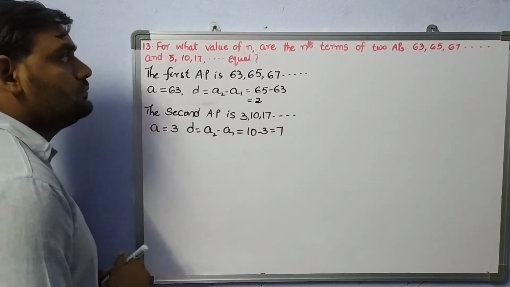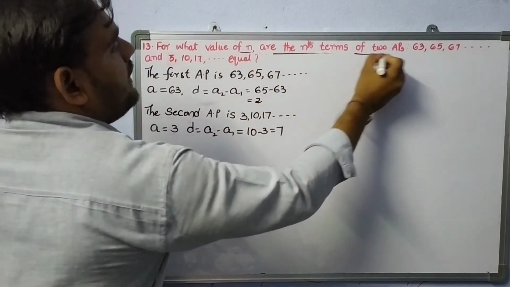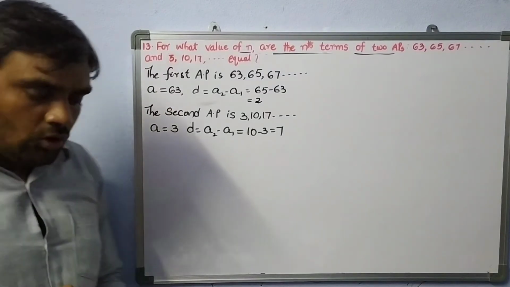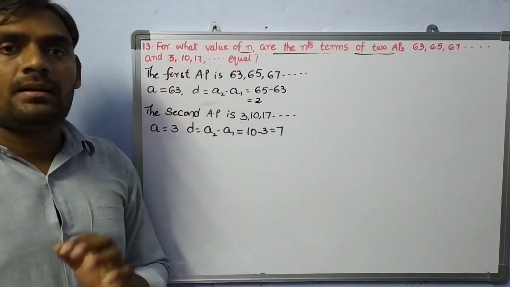But in the problem, we need to find for what value of n the nth terms of the two APs are equal. Here we don't know for which term the two APs are equal.